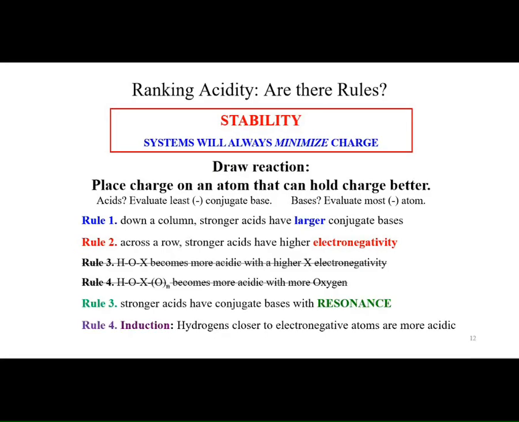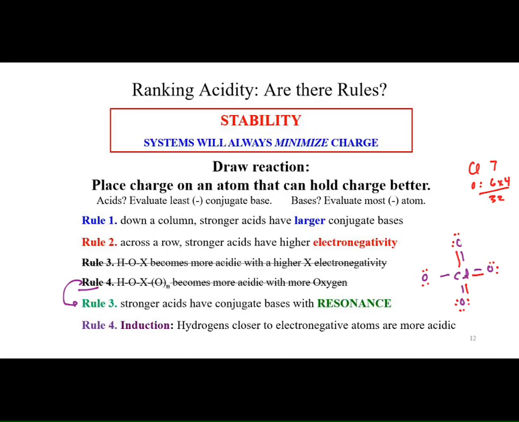If we look at what was rule 4, why would increasing oxygen increase the acidity of that OH bond? Well, if we looked at a proper Lewis structure, and I'm going to pause the video while I think through the proper Lewis structure, and then you can do the same. Hopefully you ended up with a structure with a whole bunch of double bonds.